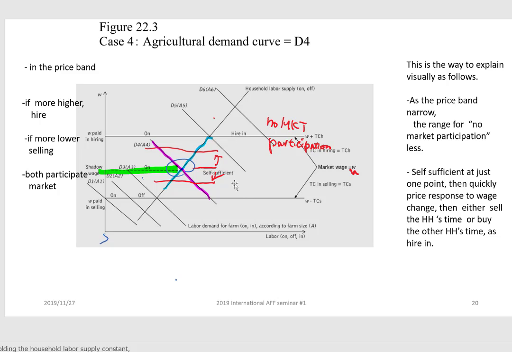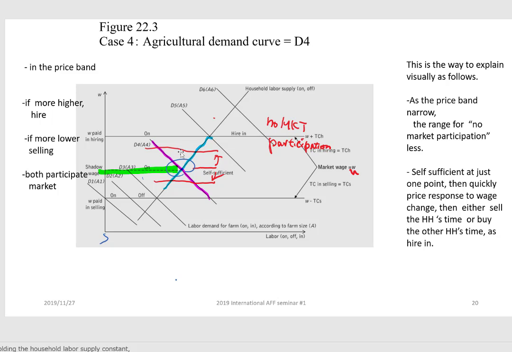Then, as I draw this with a relatively narrow price band, as the price band narrows, the range for no market participation becomes less, and at the narrowest price bound, there is no price band.